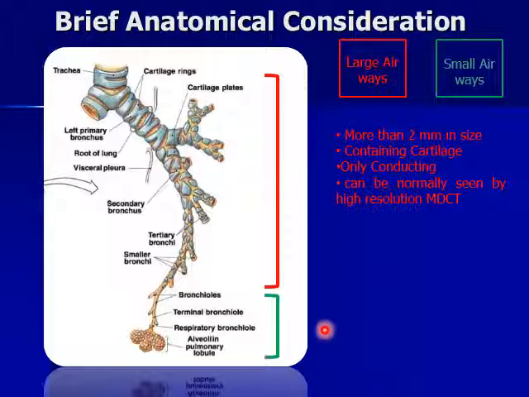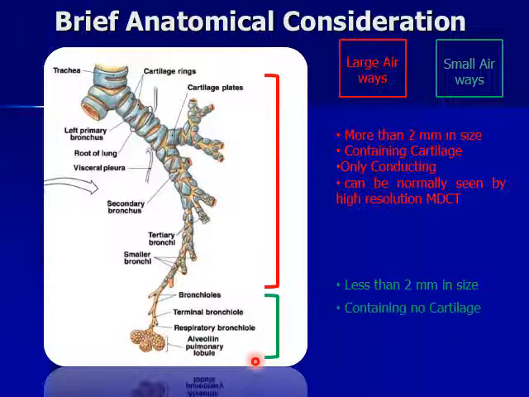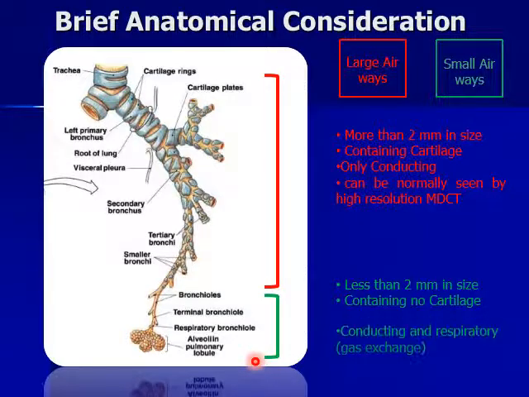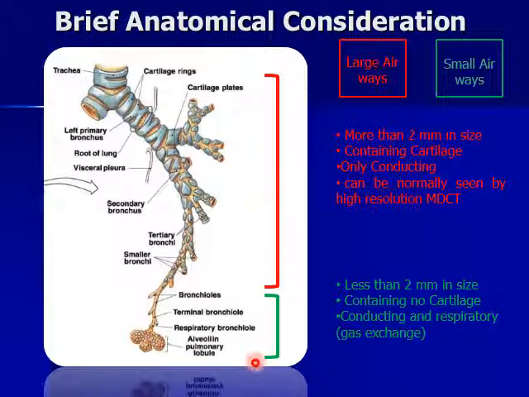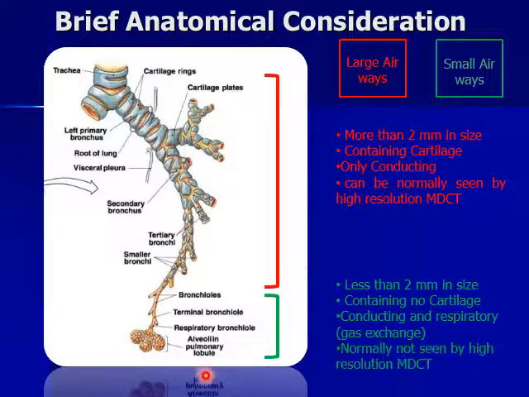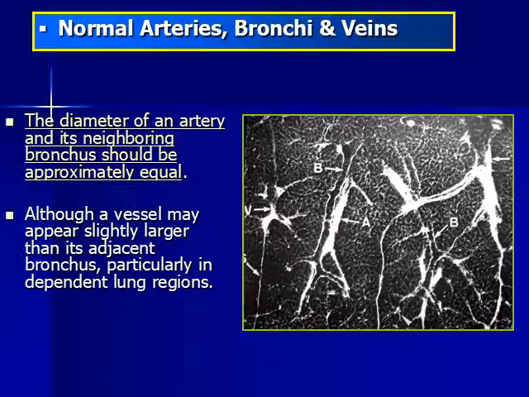While the small airways start from the terminal bronchiole down to alveoli, they are less than 2 millimeters in size, containing no cartilage, conducting air and sharing gas exchange, and normally these structures are not seen in high resolution CT. So we deal with this. Okay, large airways. Let us start.